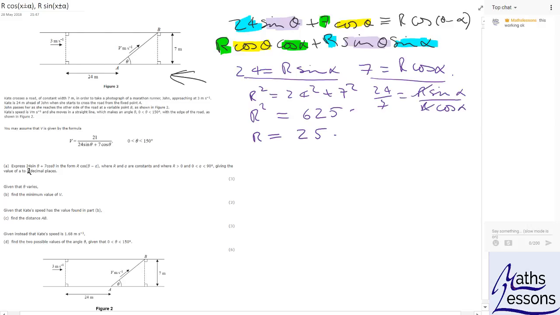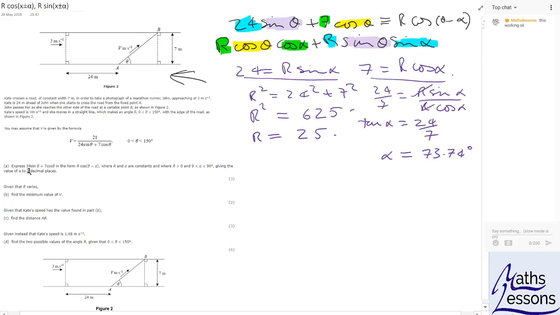And we should cancel that out to leave us just tan alpha equals 24 over 7. And if you do shift tan of that, you should get 73.74 degrees to 2 decimal places.